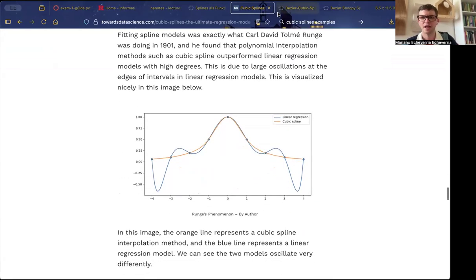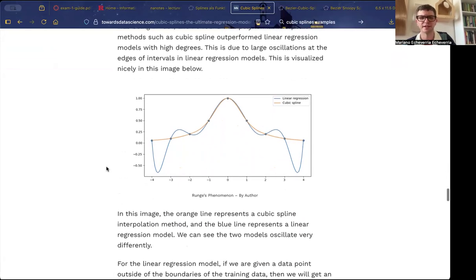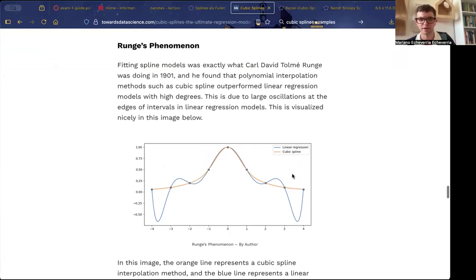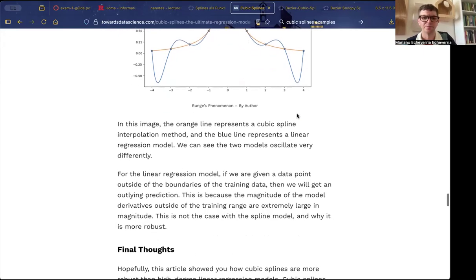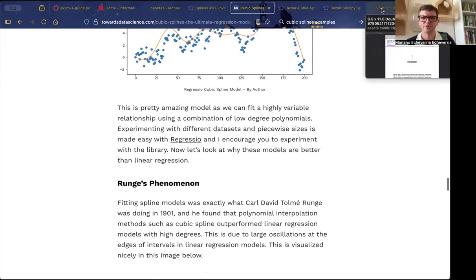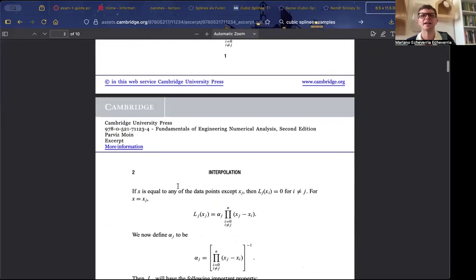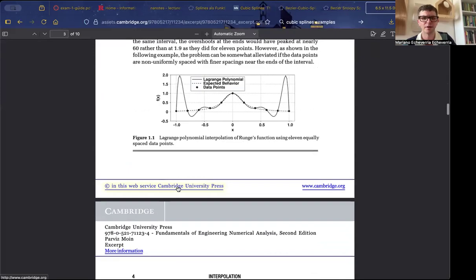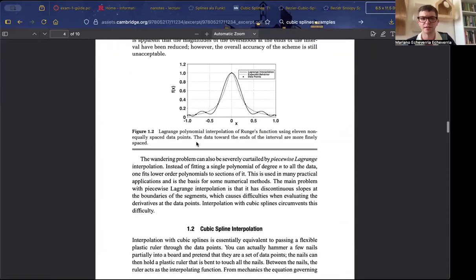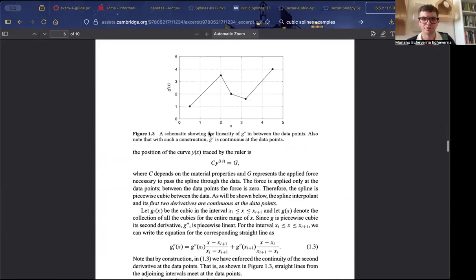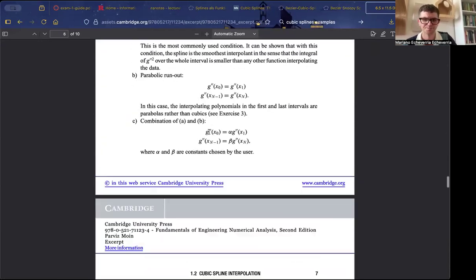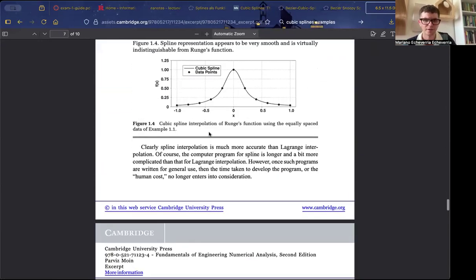This also talks a little bit about the example that I mentioned yesterday, how splines compare to linear regression, but there's another source that I'll post, which compares Lagrange interpolation with this approach using splines.